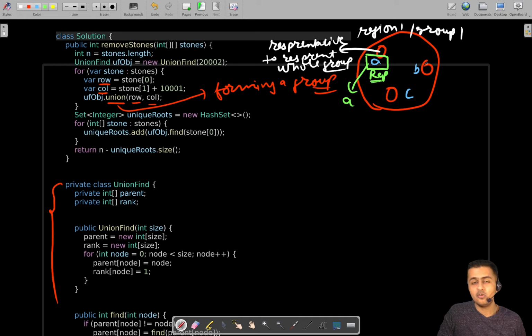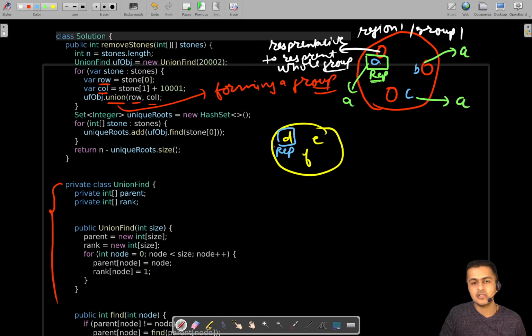If you ask B, B will say it's A. If you ask C, C will answer it's A. Similarly there can be another group, let's say this yellow one, D, E, F. There are three stones here also, and let's say we make D the representative.